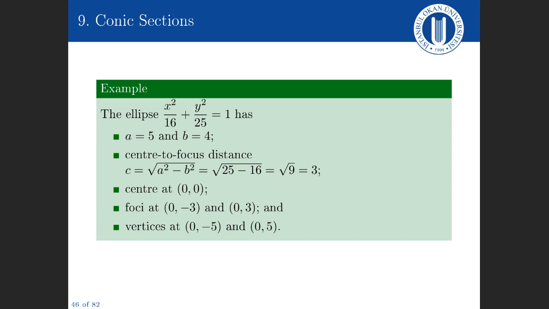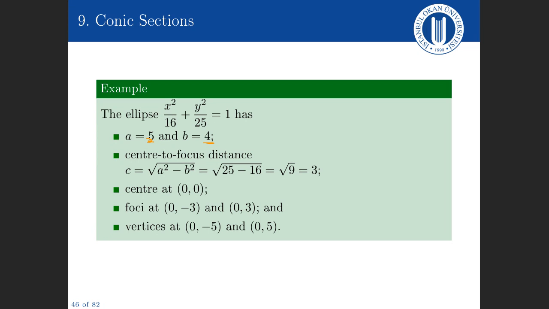Next one, the ellipse x squared over 16 plus y squared over 25 is equal to 1. Two numbers, 16 and 25. We take the bigger number for a squared, so a must be 5, and the smaller number we take for b squared, so b must be 4.